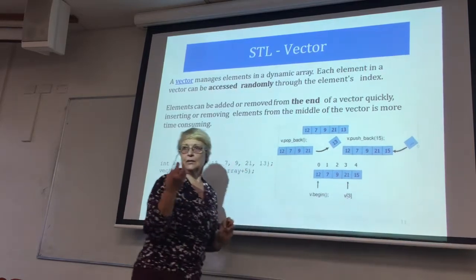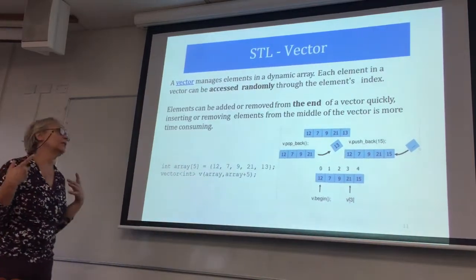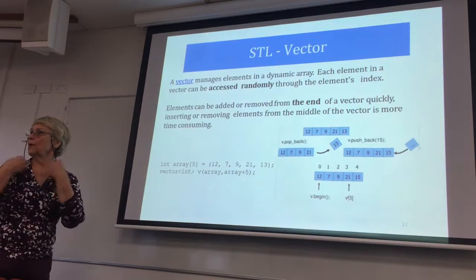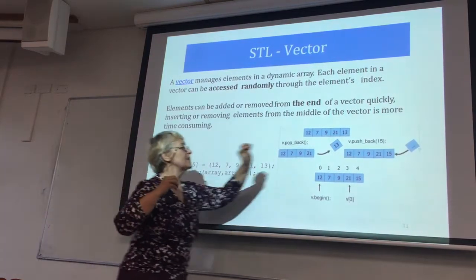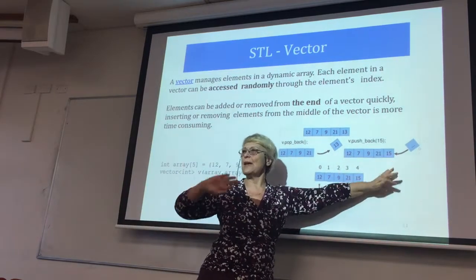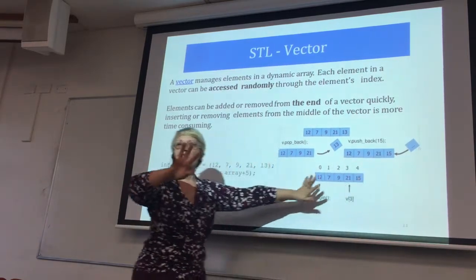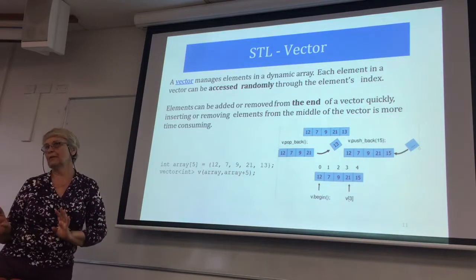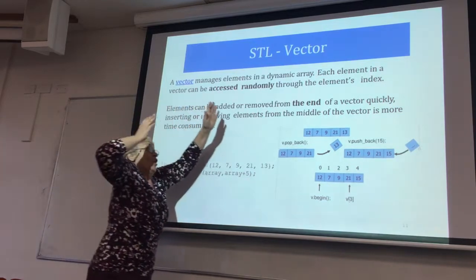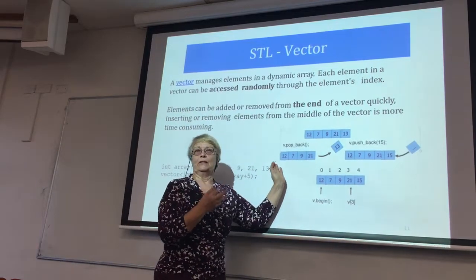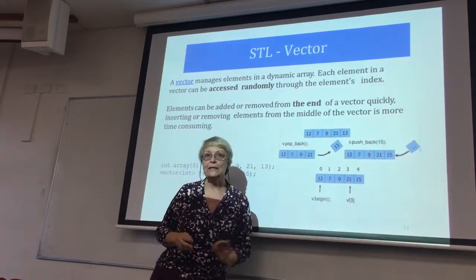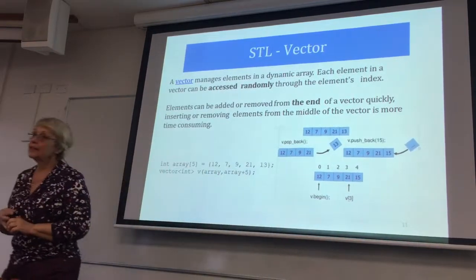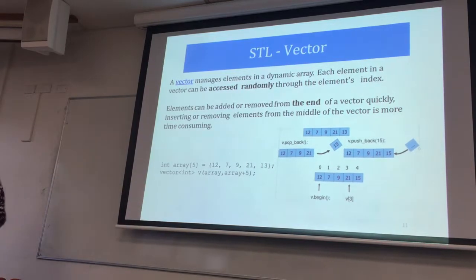The best efficiency, the best performance you get when working with a vector is to work with the end of the vector. Removing elements from the end and adding at the end gives you the best performance. Removing an element from the front or putting an element at the front or in the middle doesn't give you very good performance.